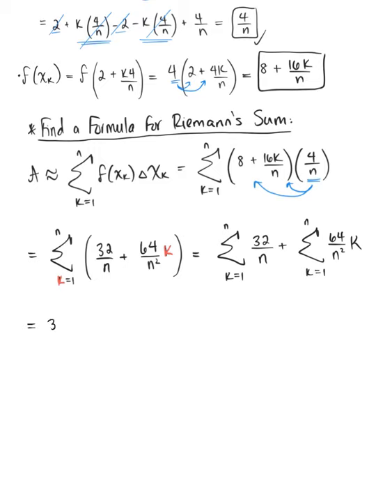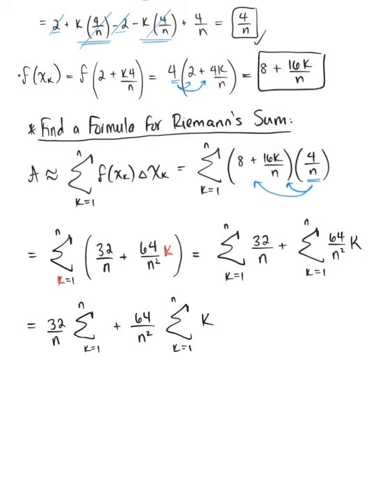So again, keeping in mind here that k is the only variable, we can pull everything else outside of our sigmas. So we can rewrite this as 32 divided by n multiplied by the sum from k is 1 to n. And technically there's a 1 in there, but we don't even have to write that. Then we have plus 64 divided by n squared multiplied by the sum from k is 1 to n of k.